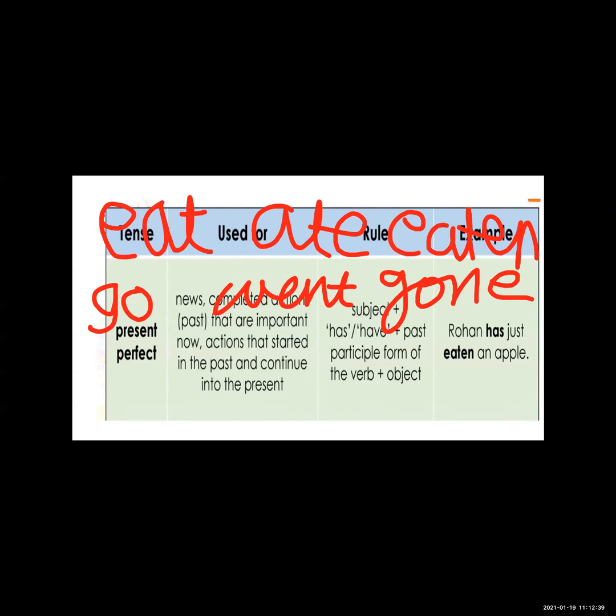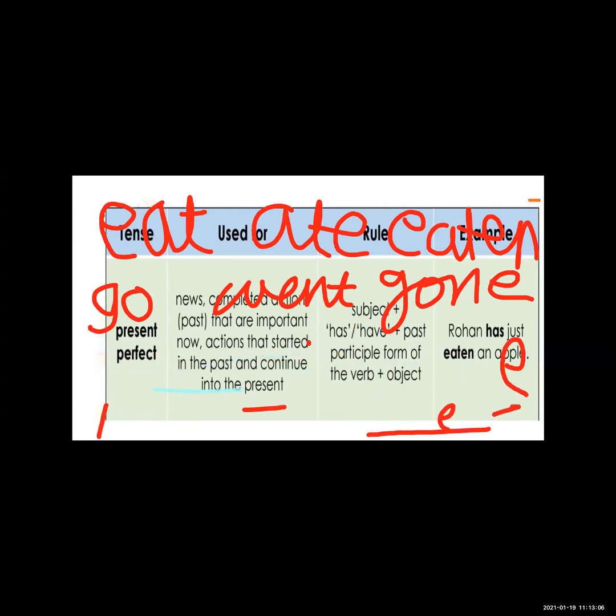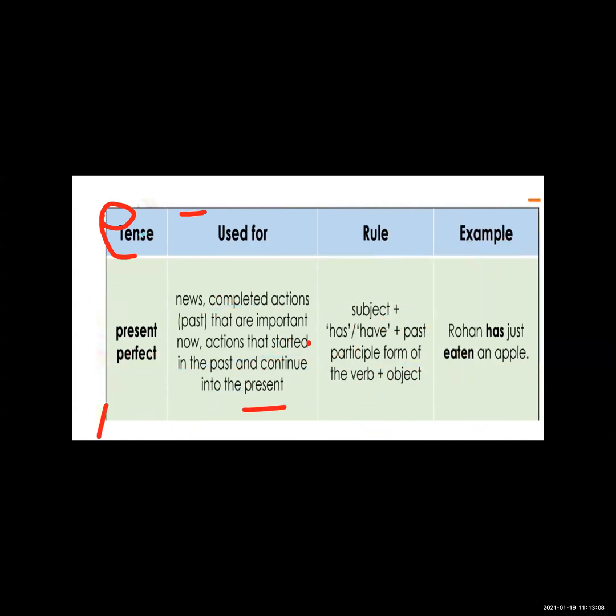Then do, did, done. Next, play, played, played; both the second form and third form are the same.